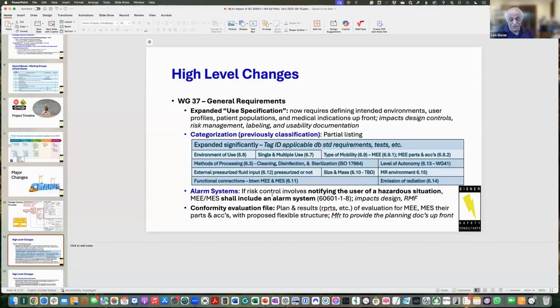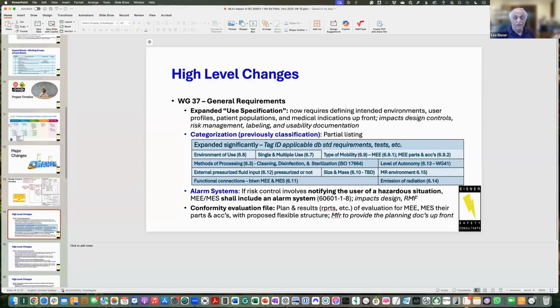But they have a hazardous situation. So yes, you do need to meet 1-8. It's in the standard, but people are so scared of that standard, they don't need to be, that they just ignore things. The requirements are going to be written really clearly. We've been banging our heads to write it clearly. So, forewarned.